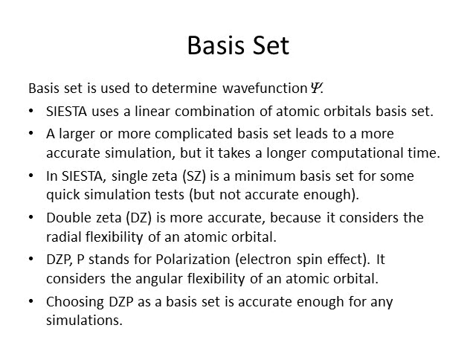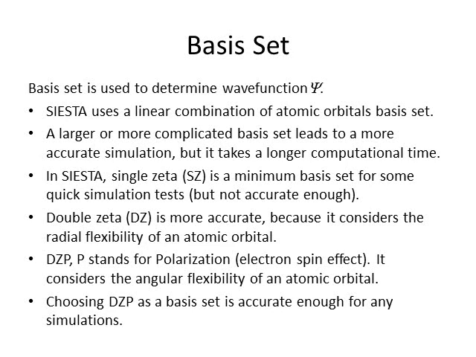The code SIESTA uses a linear combination of basis functions, which is also called a basis set, to determine the wave function. What you need to remember is a larger or more complicated basis set leads to a more accurate simulation, but it takes a longer computational time.